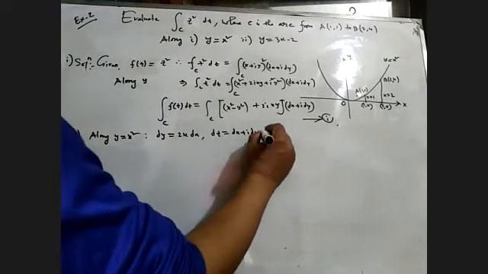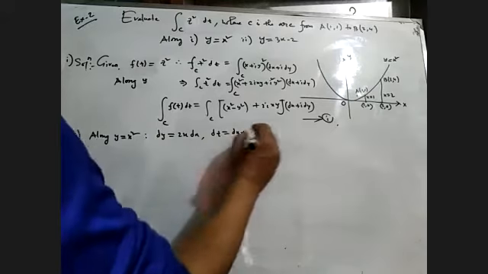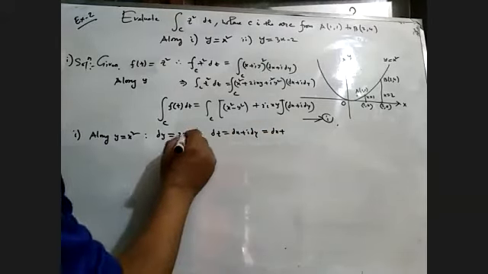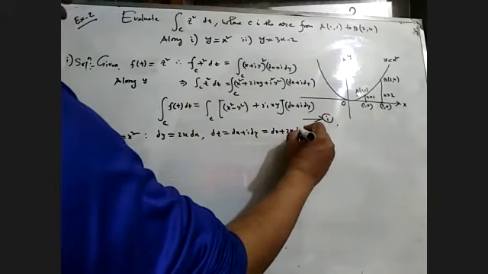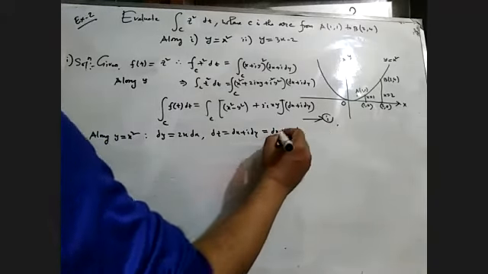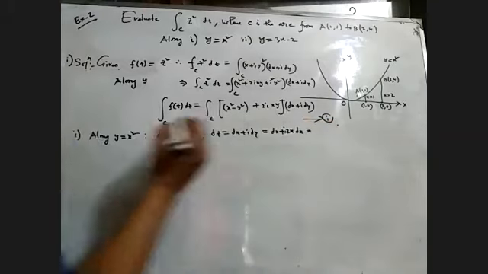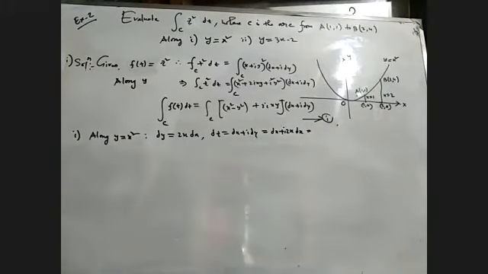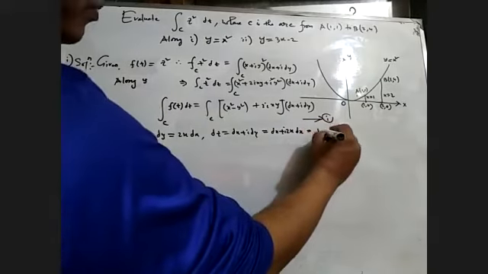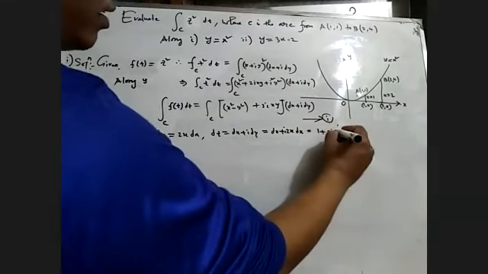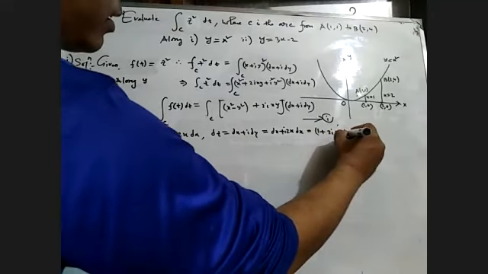So from here, dz equals to dx plus i dy, means what? Twice x dx times i. So we get 1 plus i, 1 plus twice i x dx.